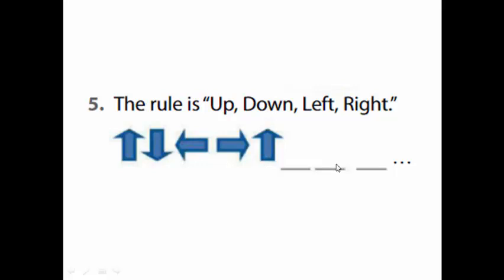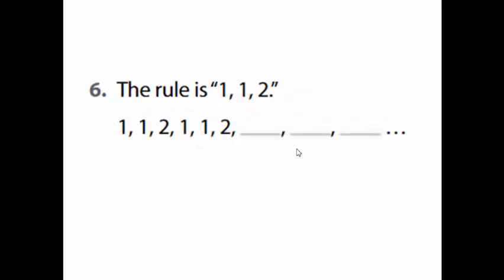Who can continue the others? Yes, up. What next? Down. It's so easy. Left and right. I think all of the previous questions are very easy, and let's continue this idea of rule.